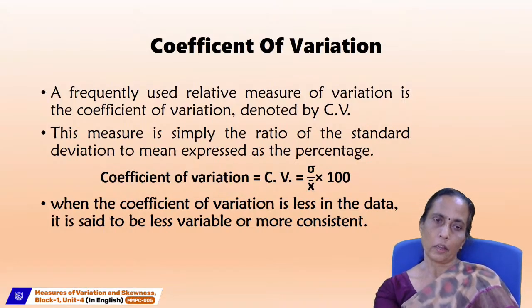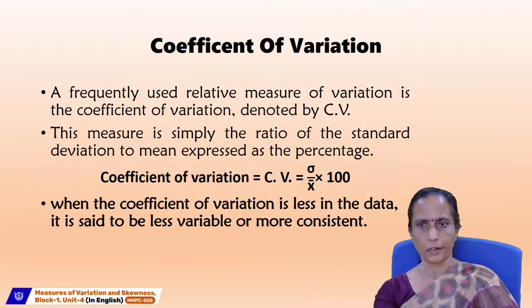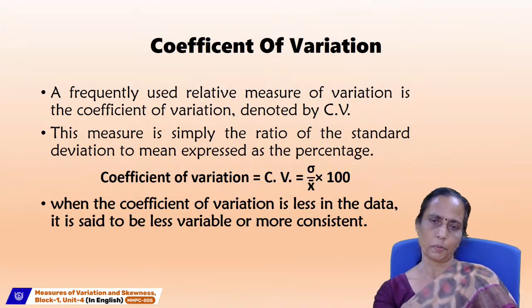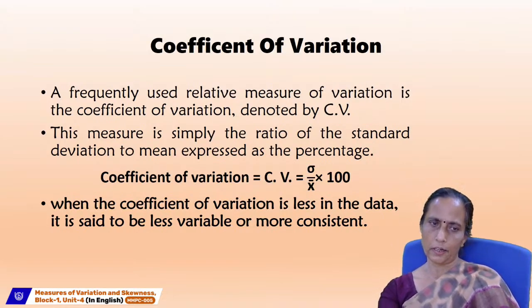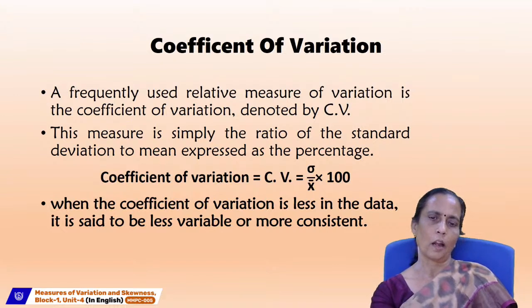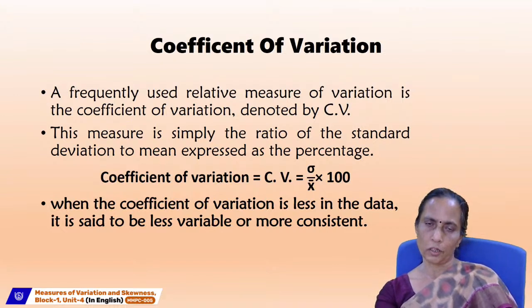This measure is simply the ratio of standard deviation to mean expressed as a percentage. The coefficient of variation is equal to sigma divided by x bar, that is your mean, into 100. So when the coefficient of variation is less, the data is said to be less variable or more consistent.